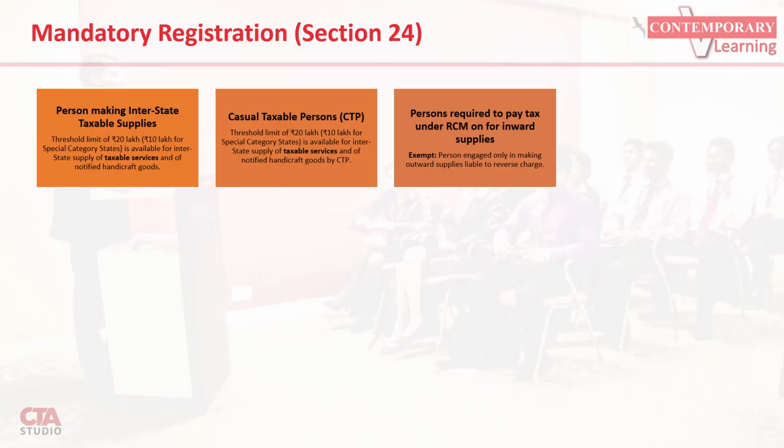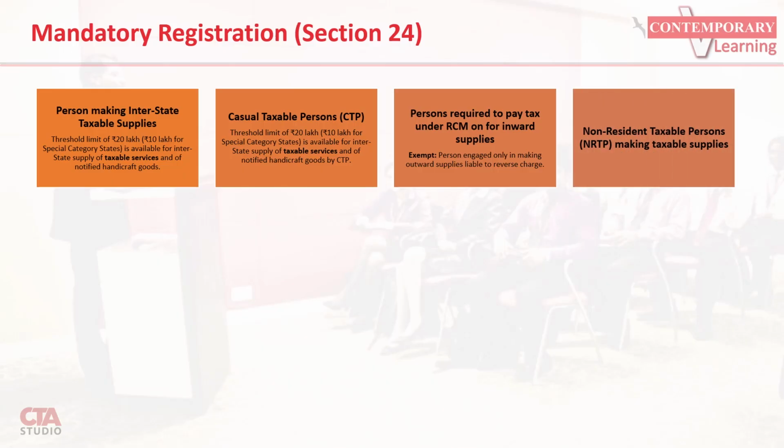If you are receiving services where you need to pay GST under RCM, you must register. However, persons engaged only in making outward supplies liable to reverse charge are exempt. Non-resident taxable persons, NRTP, making taxable supplies. Any non-resident making taxable supplies in India must register.